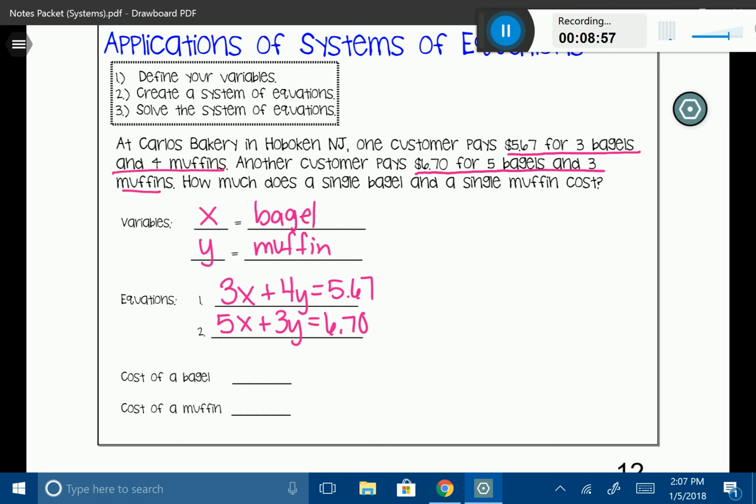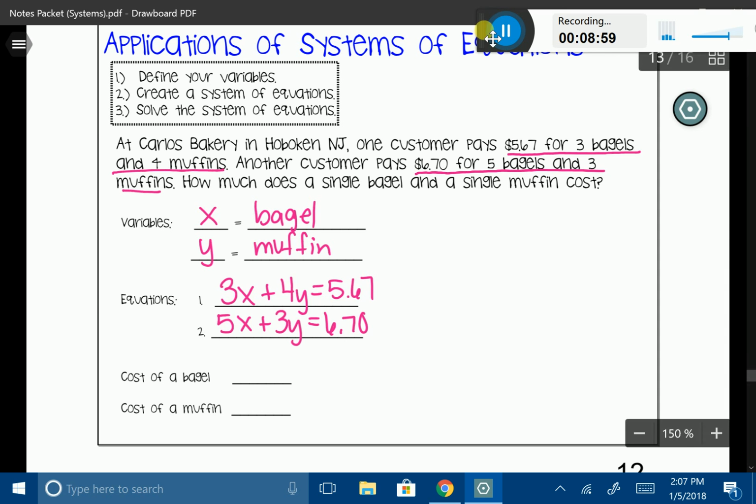So I'm going to do that right up here. I'm going to multiply the top equation by 5. And it's going to look something like this. And then I'm going to multiply the bottom one by 3, and it'll look something like this. If you remember this from this section, you always want to write this step because now we're actually going to do the distributing.